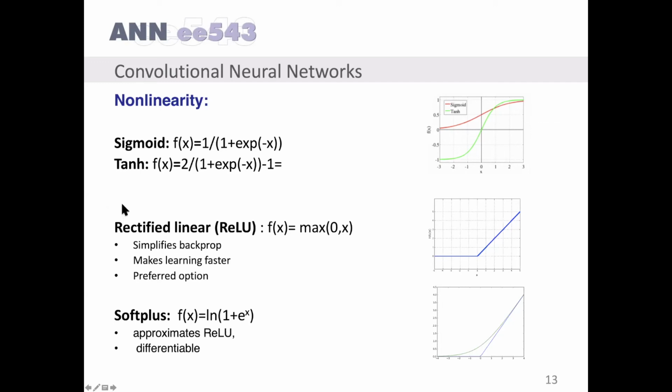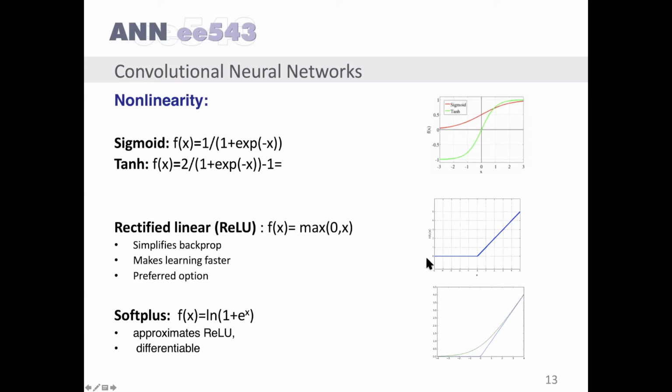In convolutional neural networks, the rectified linear unit, ReLU, is used mostly instead of sigmoid or tangent hyperbolic function. The ReLU function f(x) is defined as the maximum of 0 and x. ReLU simplifies the backpropagation algorithm and makes learning faster. Because of that, this is the preferred option, and this is the shape of the ReLU function.